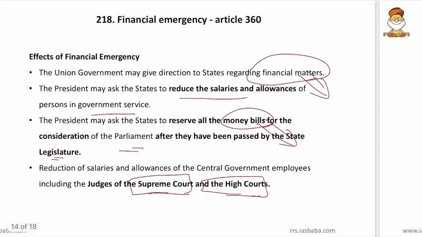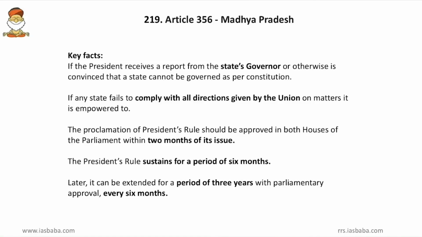Then, come to the next. Article 356 or presidential rule was in the news because the central government had contemplated imposing Article 356 on Madhya Pradesh in the wake of its hung mandate recently. Now, the key facts are: if the President receives a report from the state's Governor or otherwise is convinced that a state cannot be governed as per the Constitution, he shall proclaim a state emergency in that state.